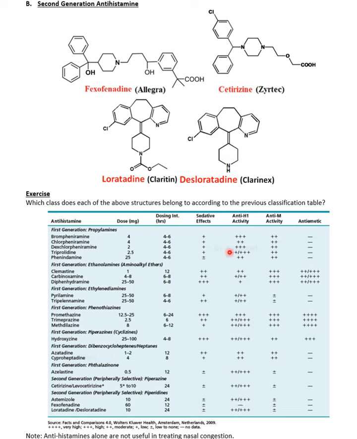That's expected, of course. Then you have the anti-muscarinic effect, not peripherally but centrally, which is more in the first generation and less in the second. And finally, you have the anti-emetic effect. You have molecules like diphenhydramine, the Benadryl, which has anti-emetic effect, and some other molecules that also have anti-emetic effect. Okay, so again, this is just to give you a general idea of what's going on.